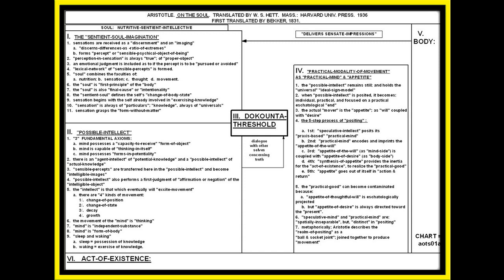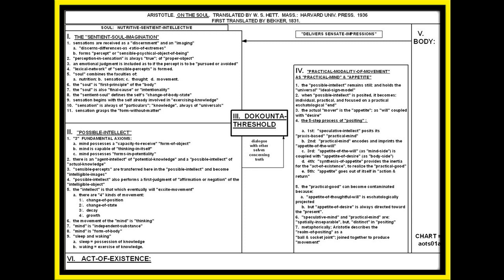Sensation is always about particulars and grasping particular percepts, whereas knowledge grasps universal signs or universal concepts. So the sentient soul will grasp and form the lexical content of particular percepts. They are a transformation of sensation to percept, which sheds the matter and grasps the form without matter as a percept.